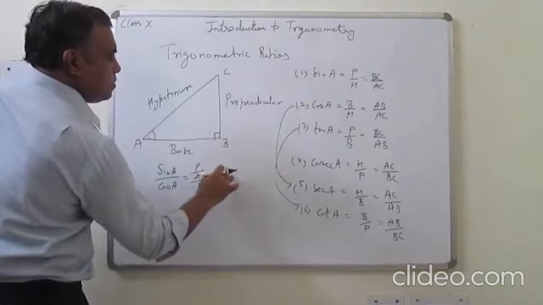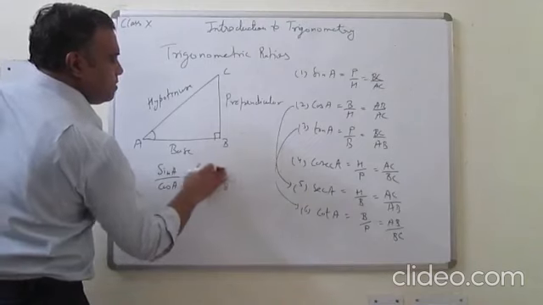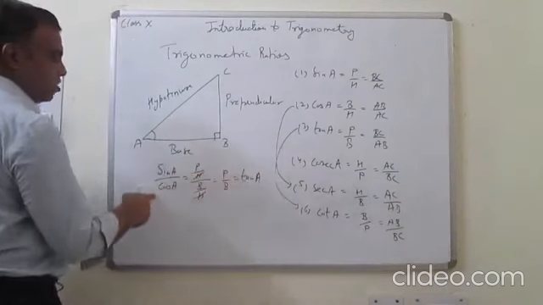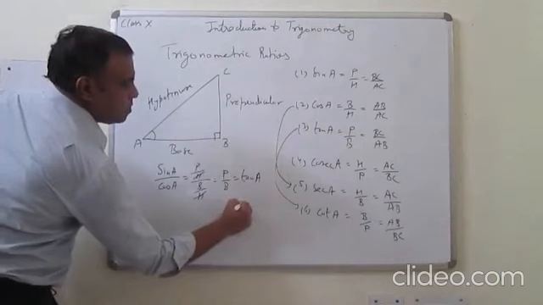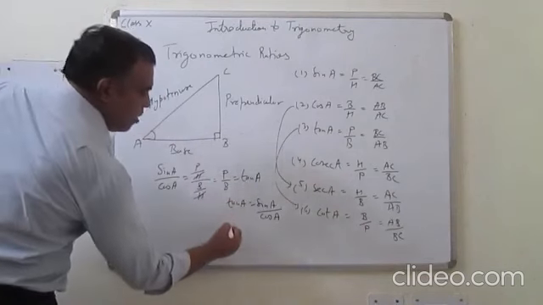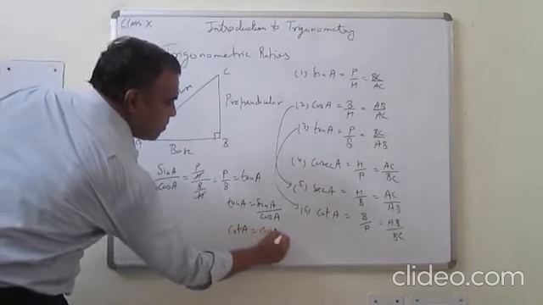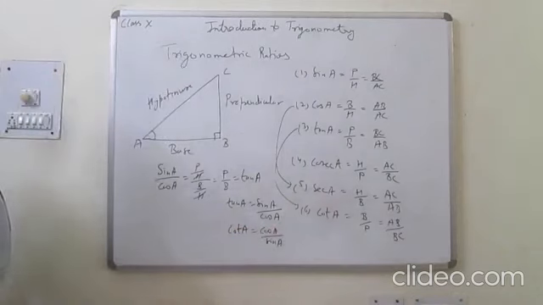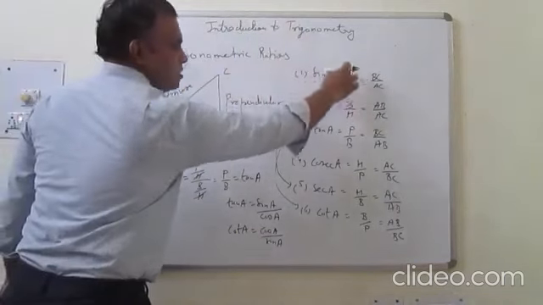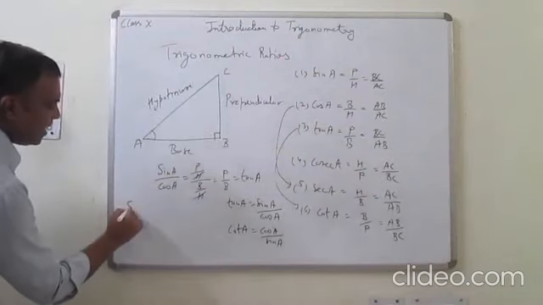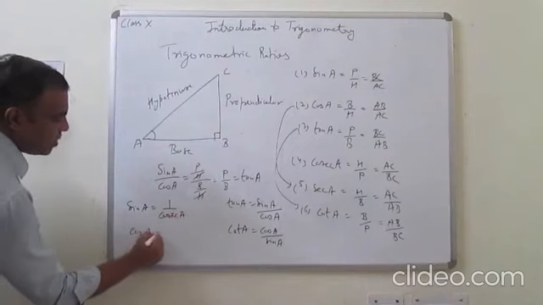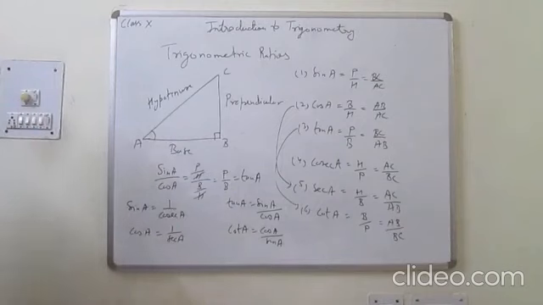This gives you P upon B, it is called tan A. Tan A is also called sin A upon cos A. Similarly, cot A is cos A upon sin A. The reciprocal of sin A is cosec A, so you can write sin A is equal to 1 upon cosec A, or cos A is 1 upon sec A.